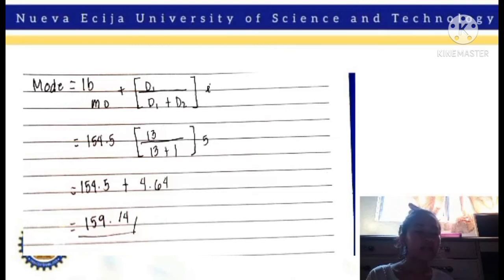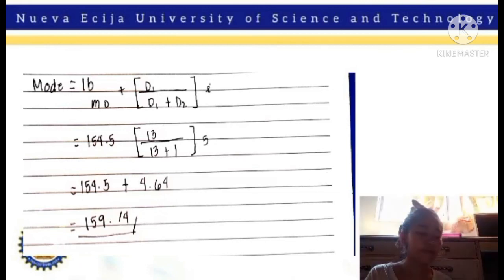To get D1, we will subtract the number above it: 16 minus 3 is 13, and 13 is our D1. To get D2, we will subtract the lower number, which is 15, from 16. So 16 minus 15 is 1, and 1 is our D2.